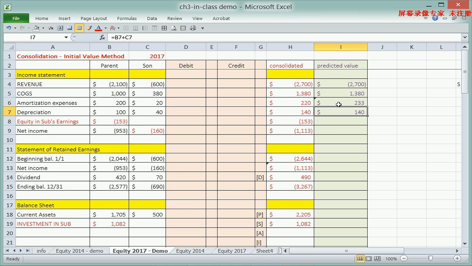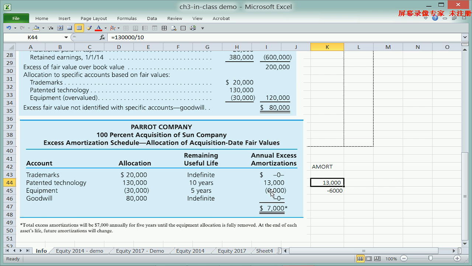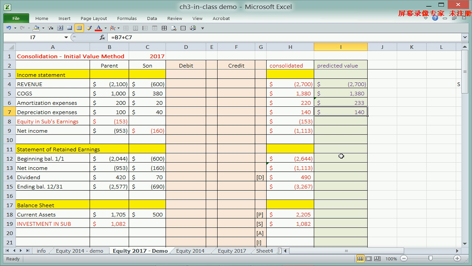The same thing happens to depreciation, because depreciation expenses should also be adjusted for any excess paid, but now it's a negative number, so we do not add onto the depreciation because the asset is overvalued.